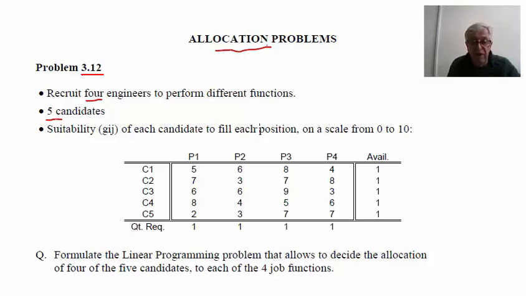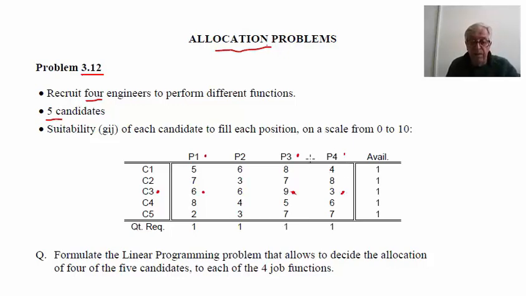These candidates were evaluated, and we have their ability for each of the positions. For example, candidate 3 has a score of 6 for place 1, but a score of 9 for place 3, and a score of 3 for place 4.